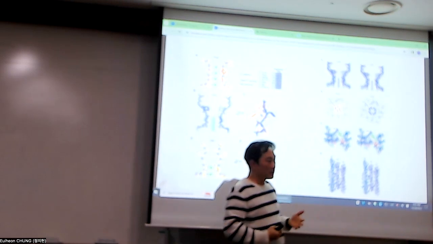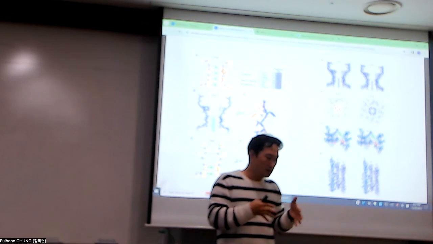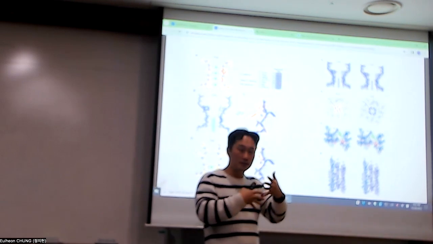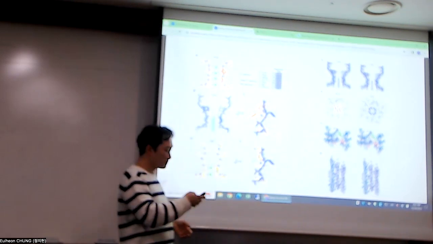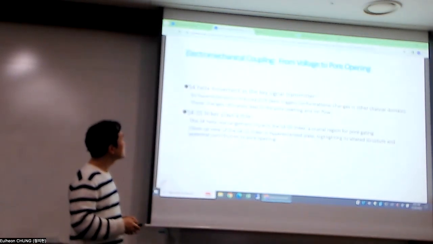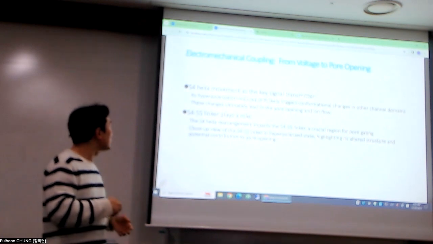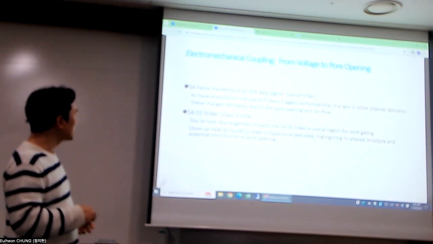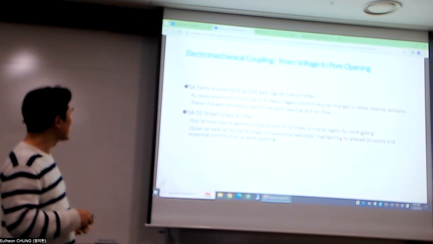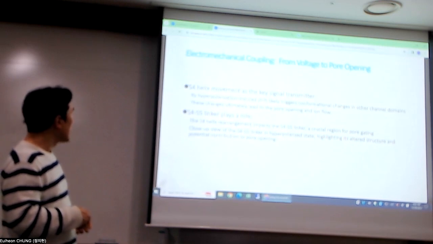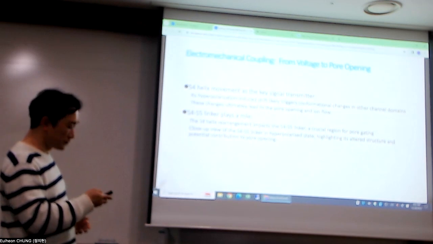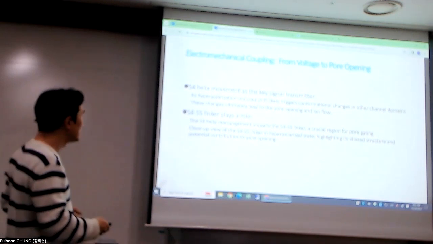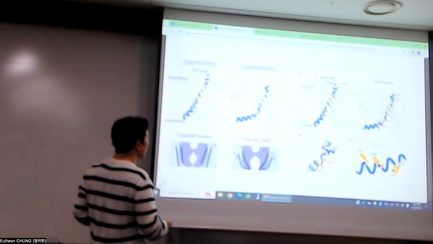In other words, it helps form the closure structure. So that's why the S4 helix movement is the key signal transmitter. And the S4 and S5 linker also plays a role. How does it work?